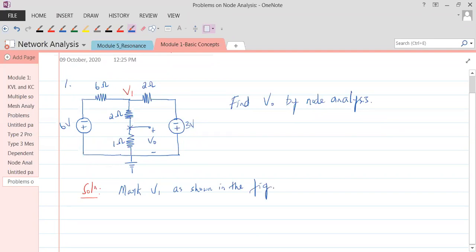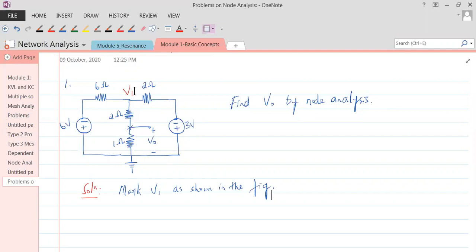Where is V1 marked? V1 is marked at node 1. If I ask which node, you should not say V1 is the node. V1 is the voltage at node 1.